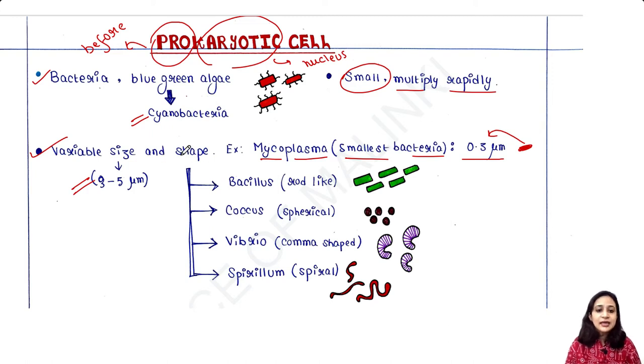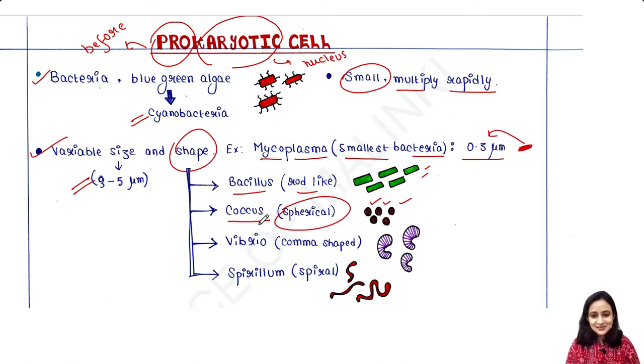Now, if we talk about shape, then there are mainly 4 types of bacteria. Some are rod-like, those are called bacillus. Some are spherical, that means they are circular type, so we call them coccus.